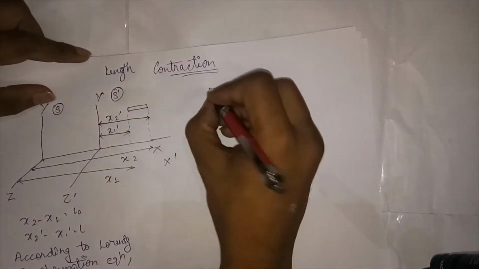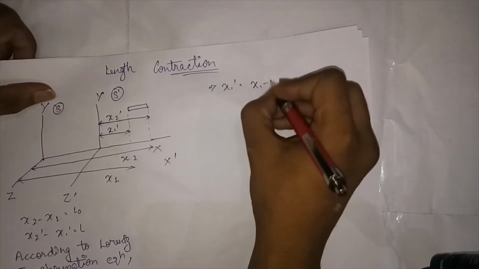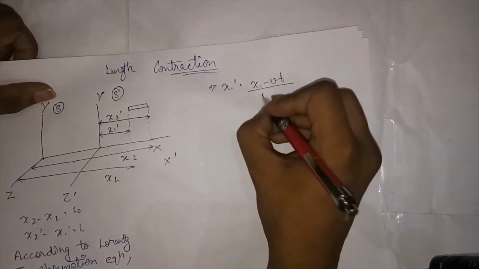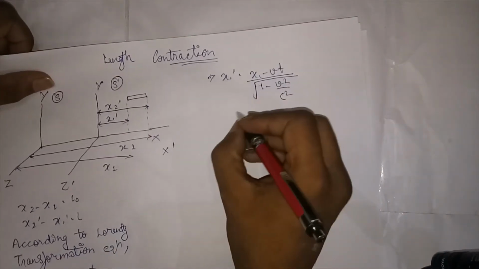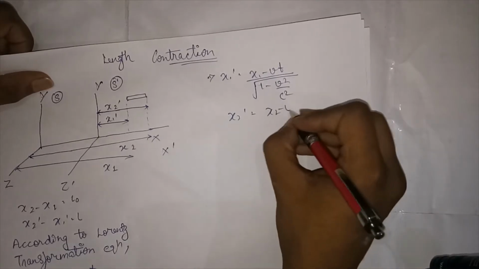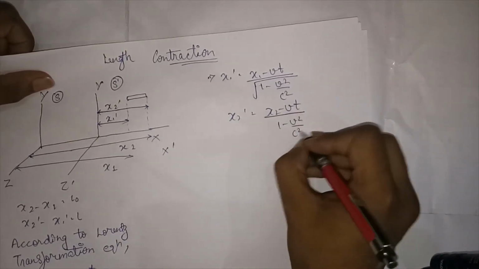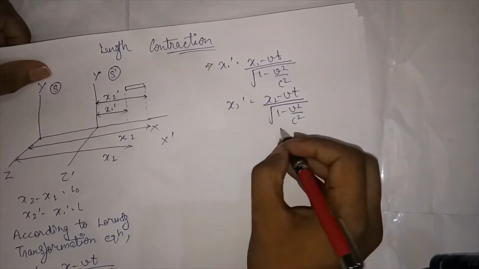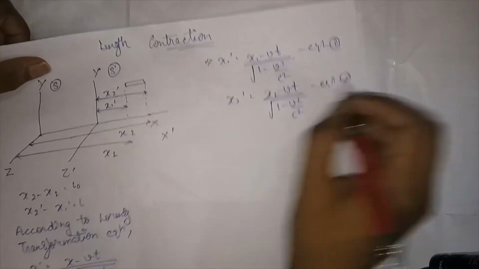So we have x1 dash equal to x1 minus vt upon under root 1 minus v square upon c square, and x2 dash equal to x2 minus vt upon under root 1 minus v square upon c square. This is our equation number 1. This is our equation number 2.